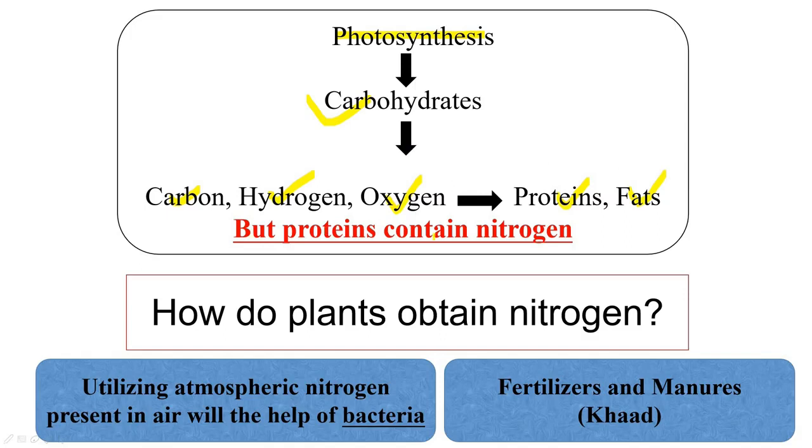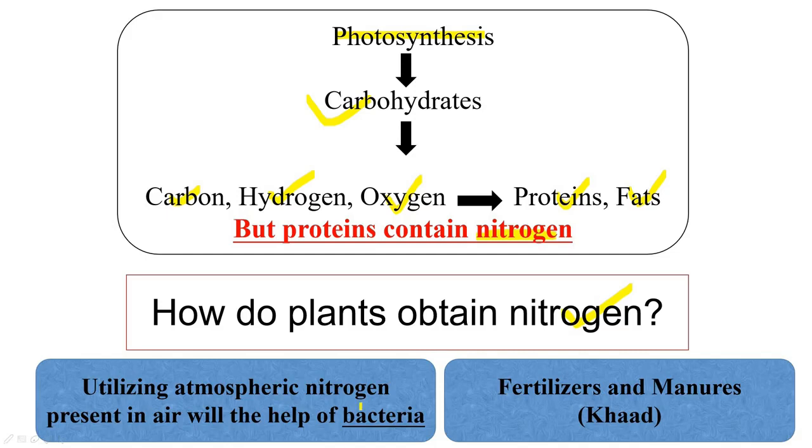But we also know that proteins contain nitrogen. So how do plants obtain nitrogen? Now you will say that there is 78% nitrogen present in the air, so plants can take nitrogen from the air, but plants are not capable of taking nitrogen from the air.